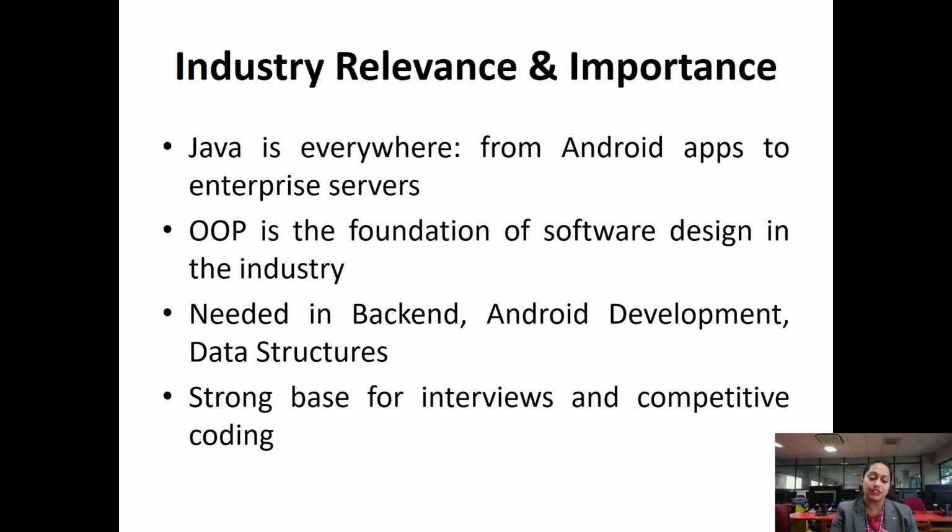We all know this, right? And even Java is needed for back end development, and also for Android development, and implementation of the data structures. So after learning this course, you will have a strong base for the Java basics.